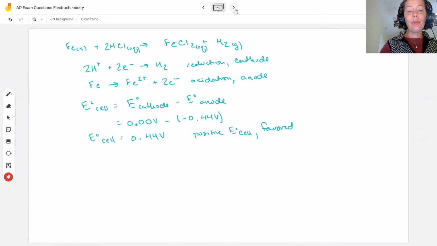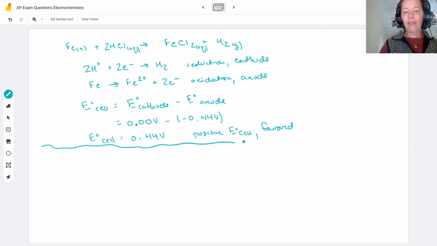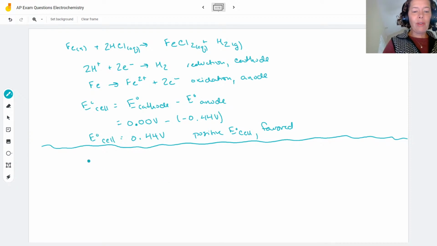Again, you can do it either way. It just depends on which way makes the most sense to you. All right, so we've got our Ti4+ and our iron 2+, and it's going to Ti2+ and iron 3+.